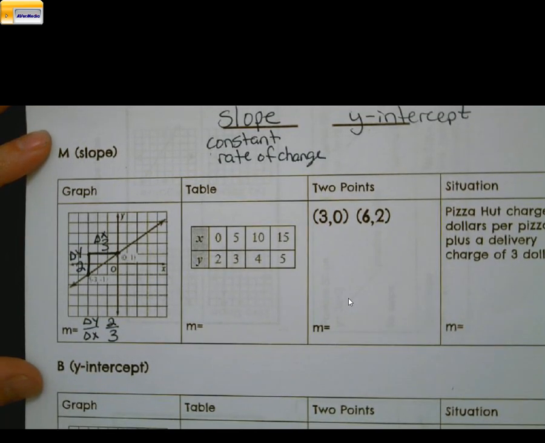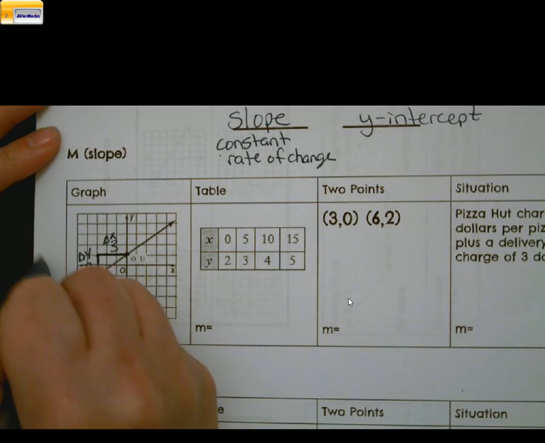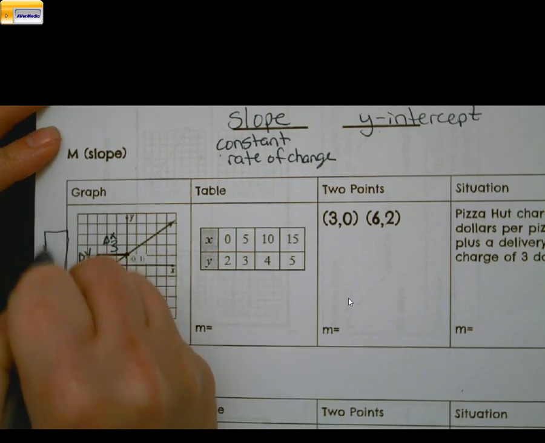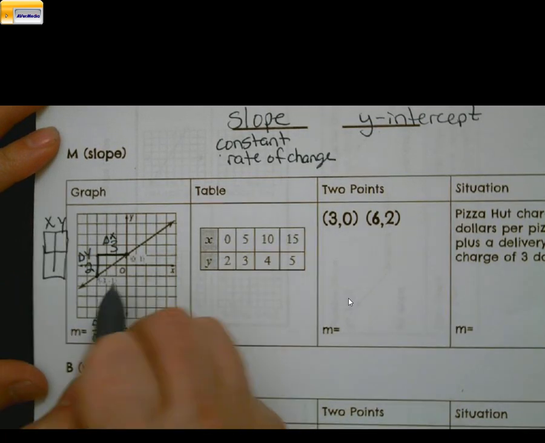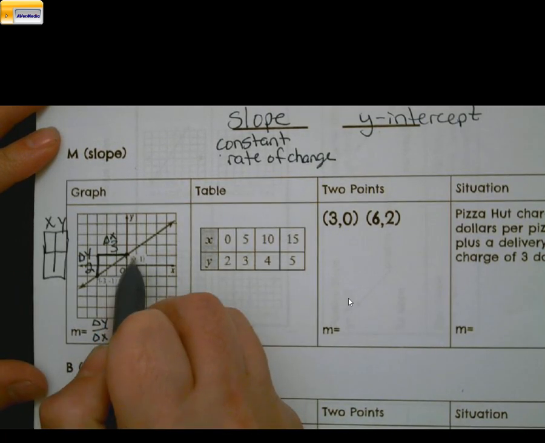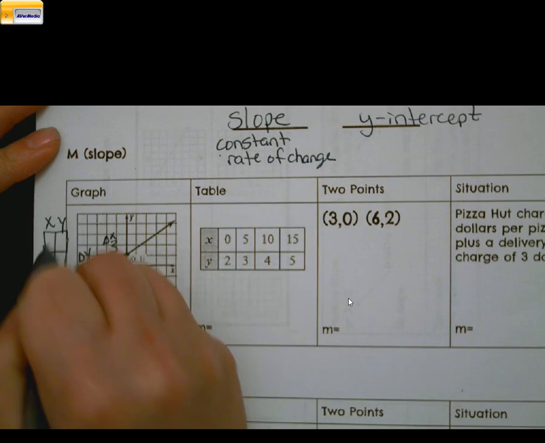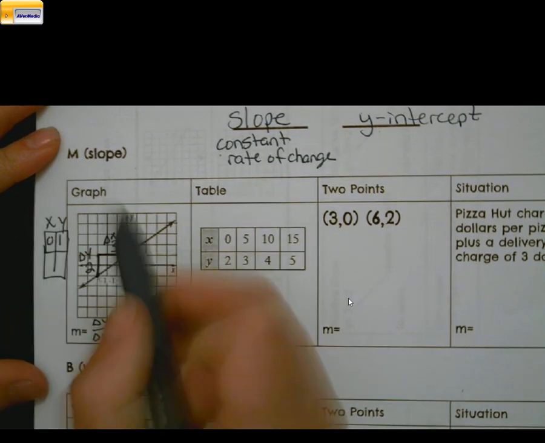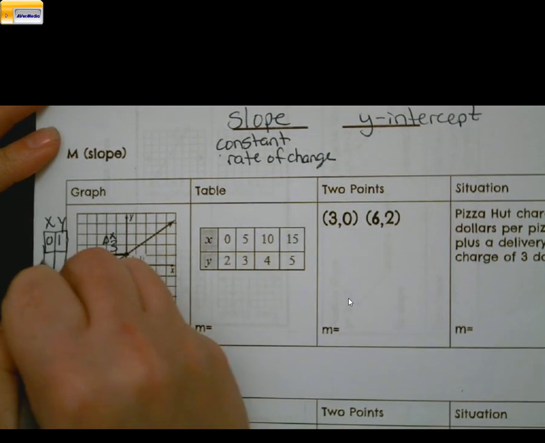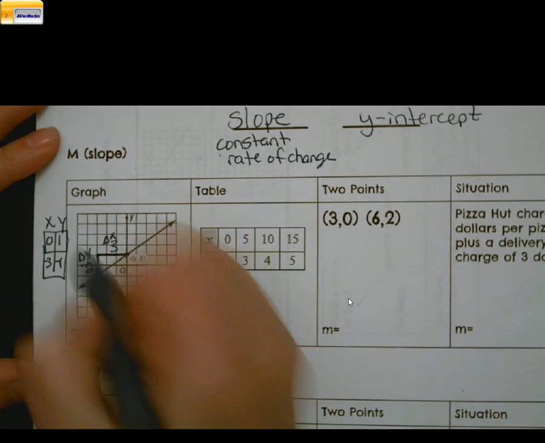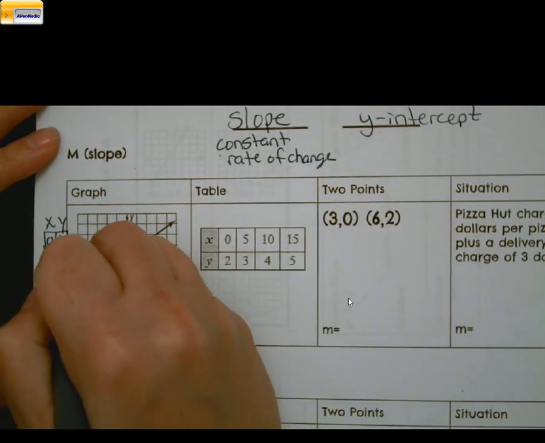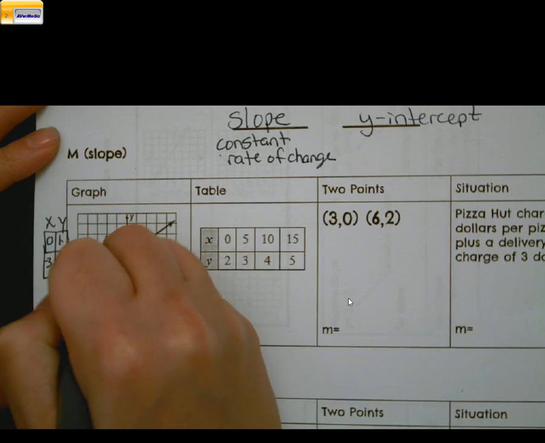Again, another way to do this, I'll just do this over here off to the side, is I can make a table with those ordered pairs. So for example, I could have 0, 1, and -3, -1, and find my constant rate of change this way. To do this, find my change in y. It went down 2.